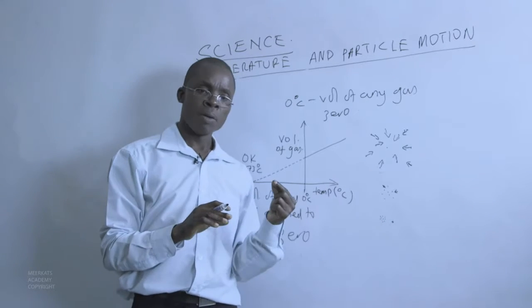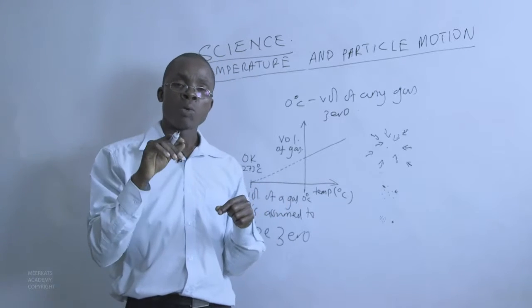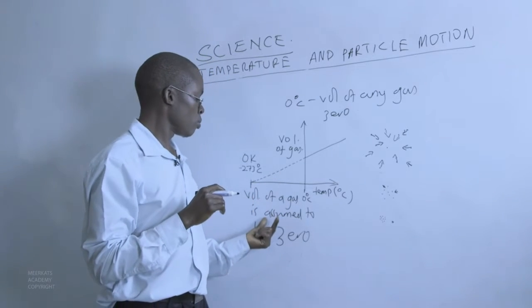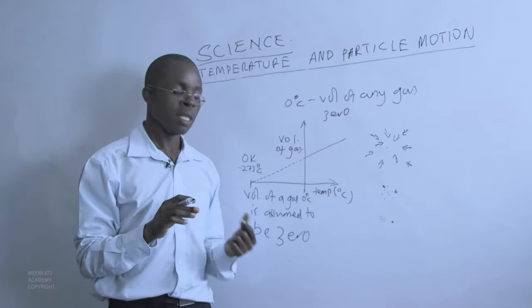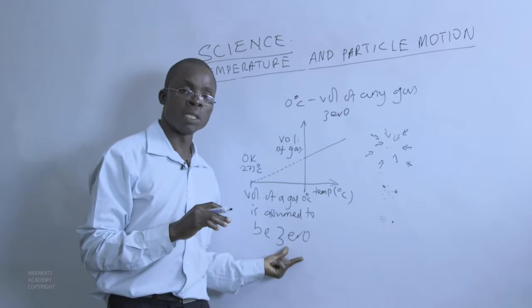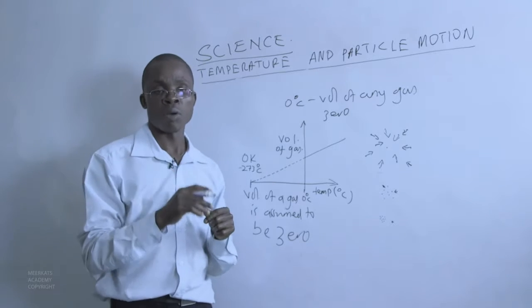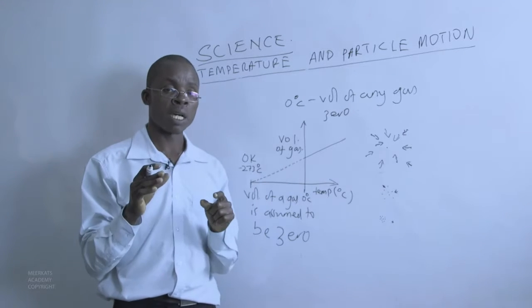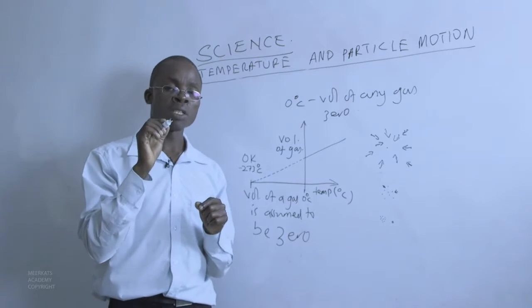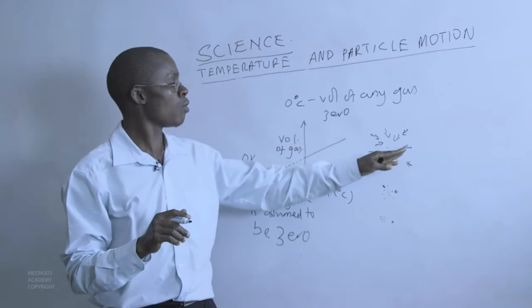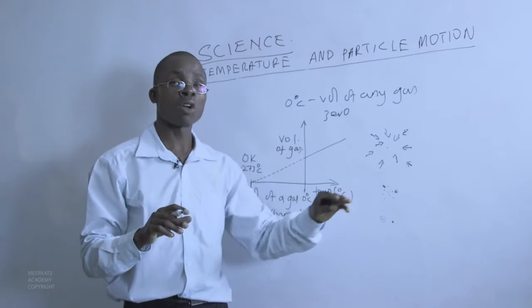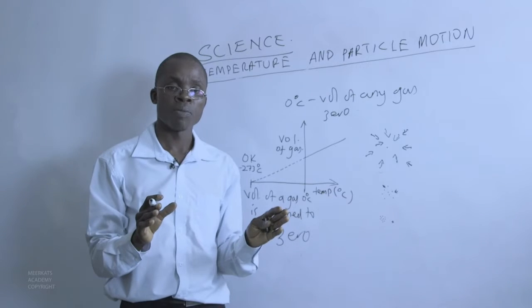At this point is where we now assume the volume of that gas is 0. Because realistically, you cannot achieve 0. If it was a gas, it is matter. And matter, we said, must occupy space. Maybe the whole of these 10 particles were occupying the whole of this room.